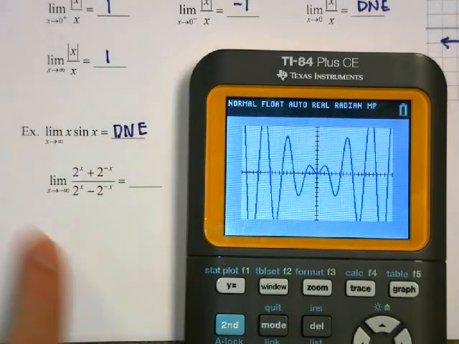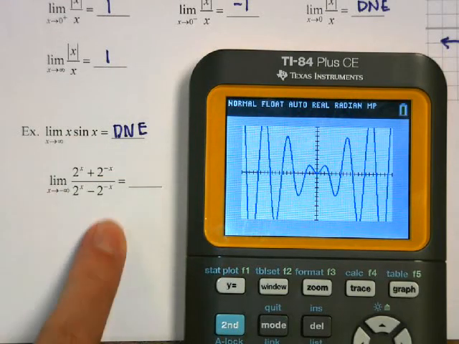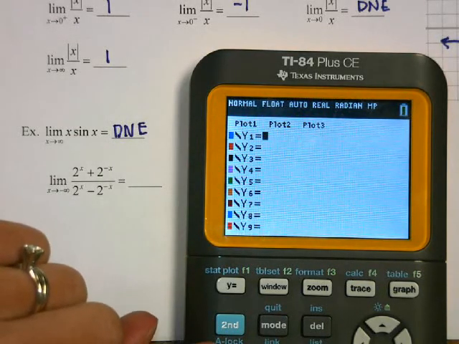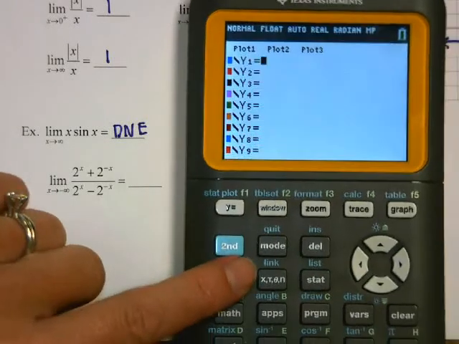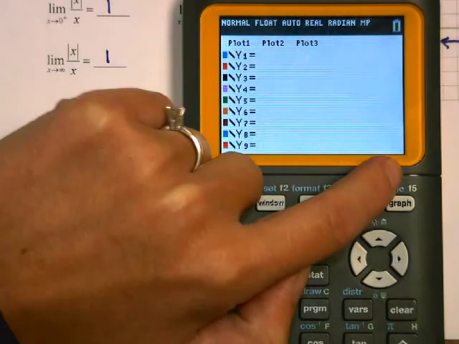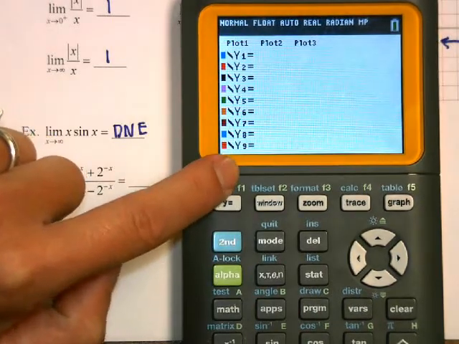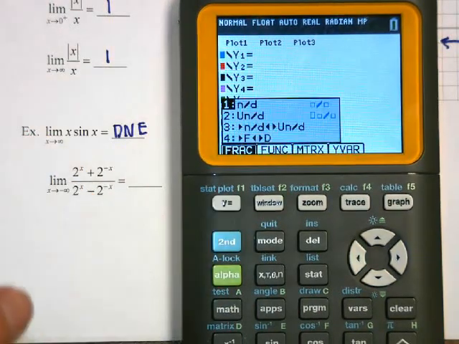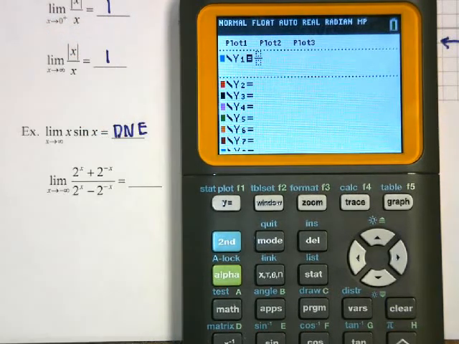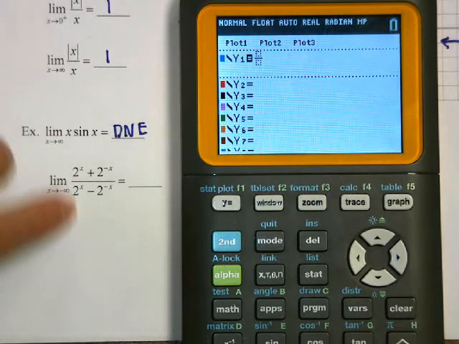Okay, let's look at this guy as x goes to negative infinity of all of this. So we'll type that in the calculator. One trick, if you have an 84, is if you hit the alpha button, there are these shortcut menus. In F1, there's a fraction. So if you do this first thing, you get a fraction bar, so that separates that out.